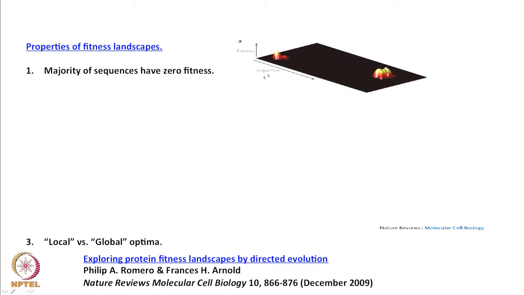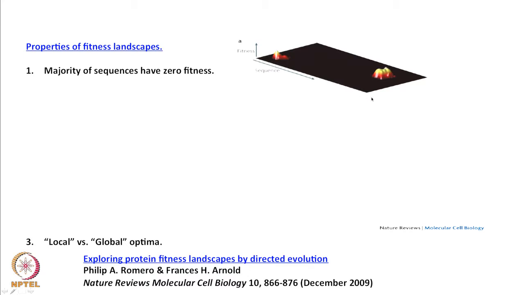You can think of these as protein sequences or DNA sequences whose length is equal to L. So these are connected via edges and nodes which we cannot see because there are so many of them. And this axis here represents the fitness associated with that particular protein or DNA sequence. So the height of a particular node represents how fit that individual is which is carrying this particular sequence.